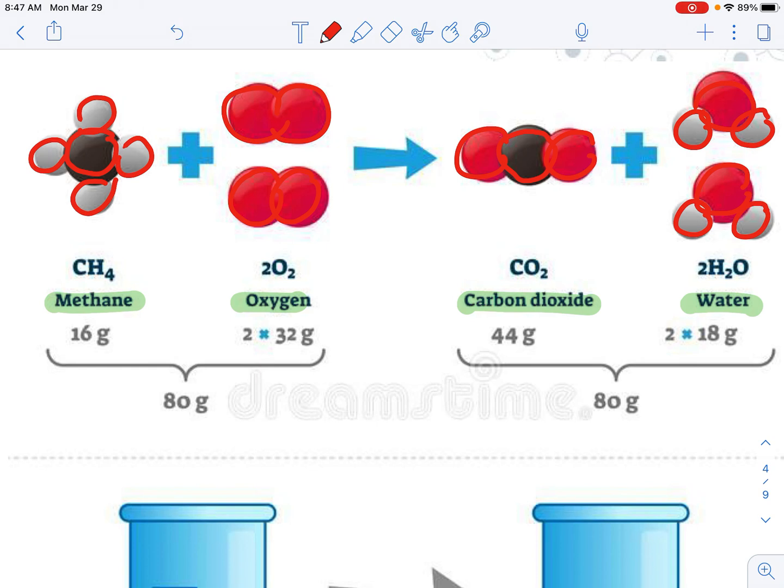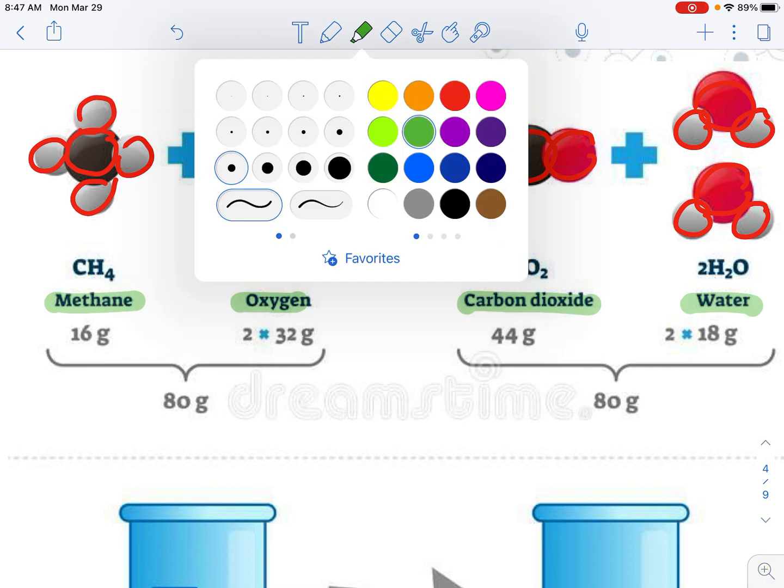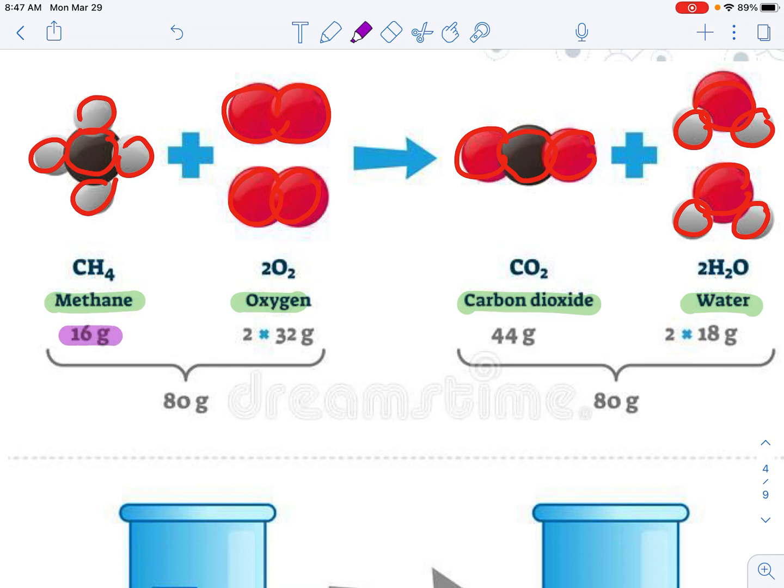In addition, the other way we can identify this, and this tends to be the way that we do this in class because we can't see individual atoms, is by taking quantitative data of mass. If I start with 16 grams of methane and roughly 64 grams of oxygen, because each oxygen molecule weighs 32 grams, I start with 80 grams of matter on my reactant side.